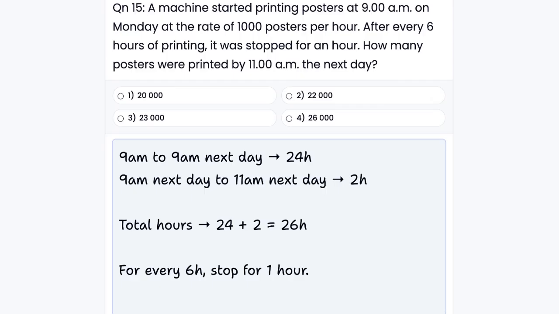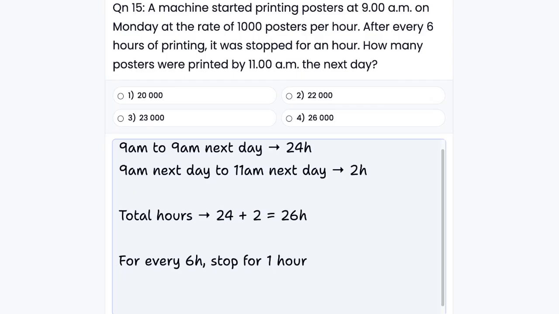Okay, then that means 7 hours is equal to 6 hours working, then stop for 1 hour. 6 hours printing, and then stop for 1 hour.